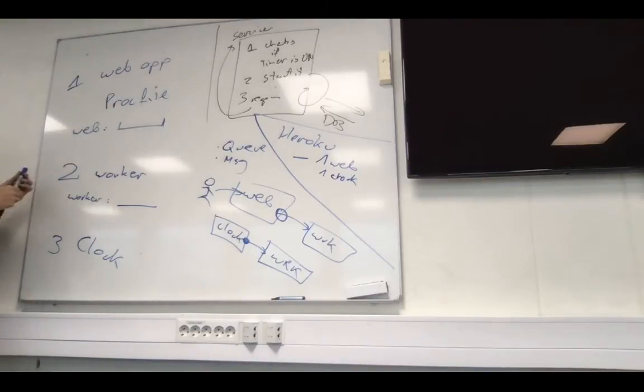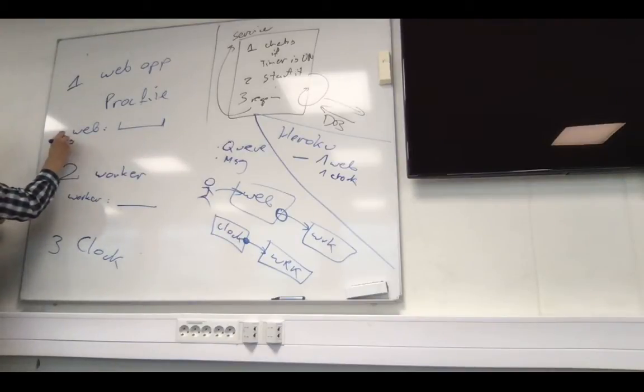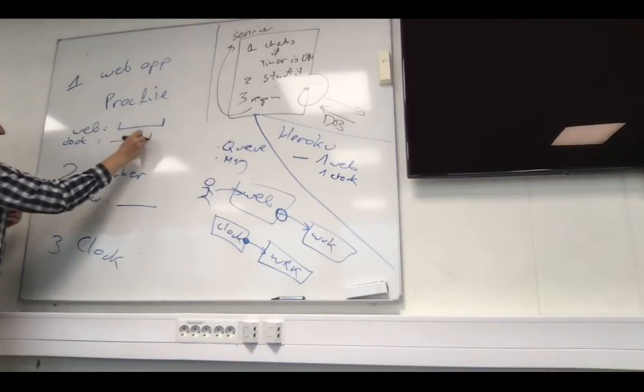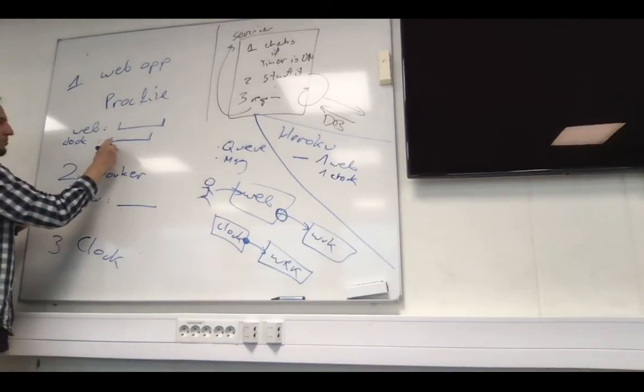So in your proc file, you will have two entries. One called web with your normal stuff, and one called clock with the thing which connects to Fixer, gets the rate, stores it in the database, and shuts down, right? And that one will run in a loop. I've tested it with a loop which ran every 20 minutes.